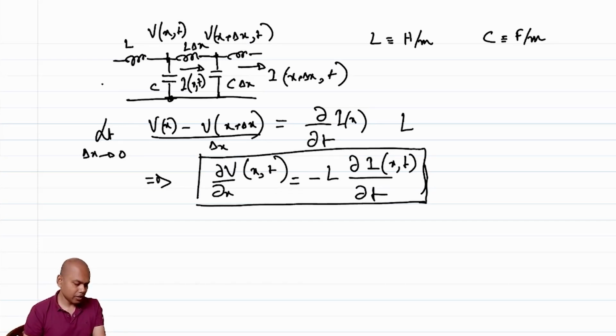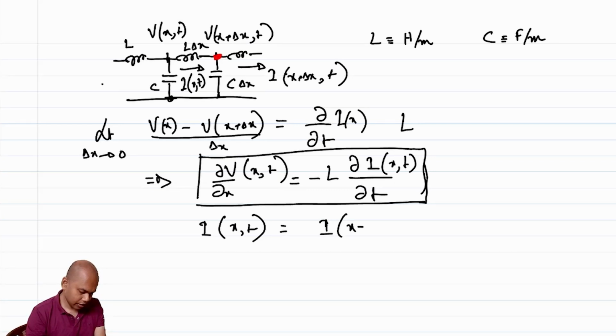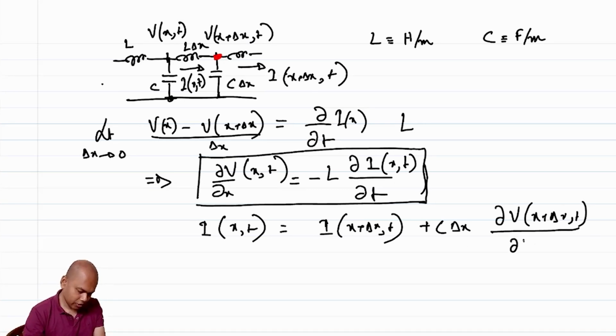Similarly, now if I concentrate on KCL at this node, what am I going to get? I will get I of x comma t is equal to I of x plus delta x comma t plus C times delta x times dou v of x plus delta x comma t dou t.